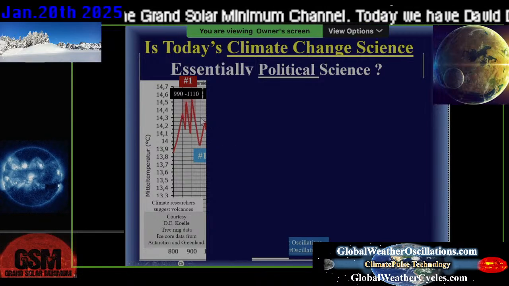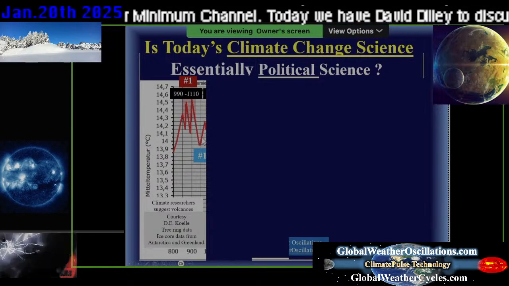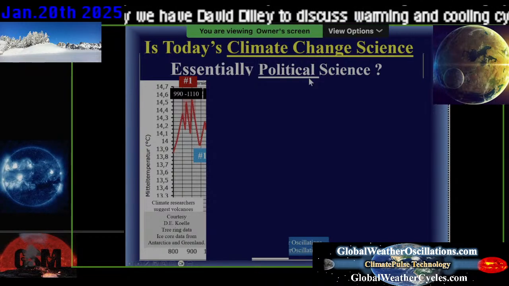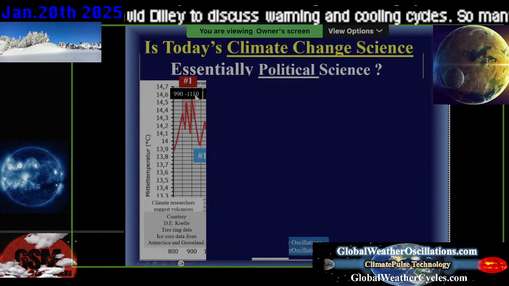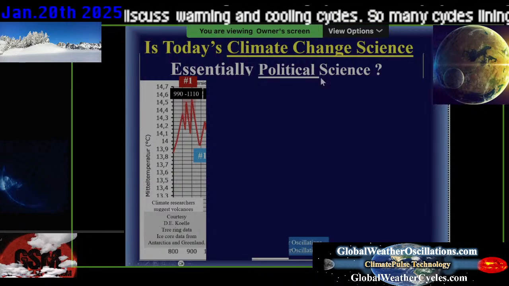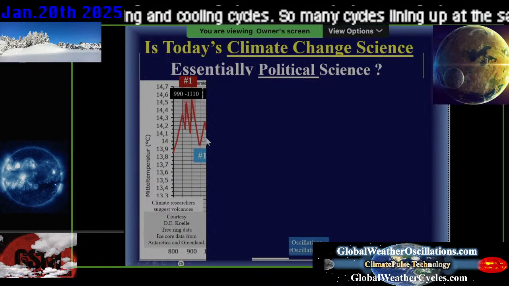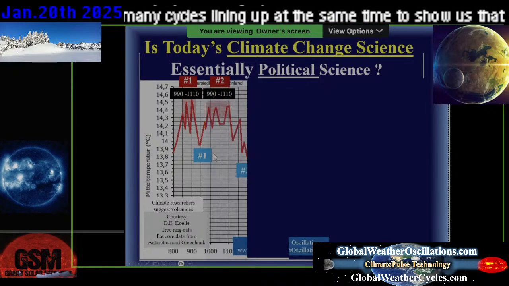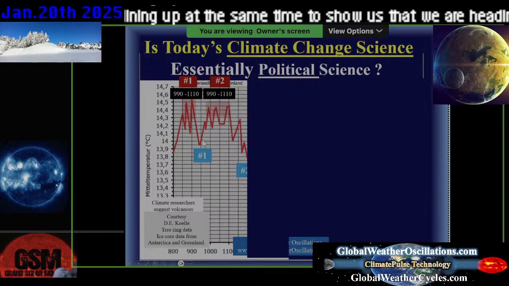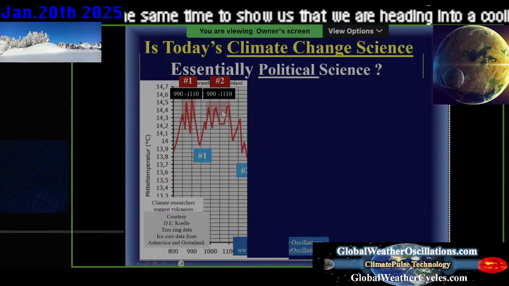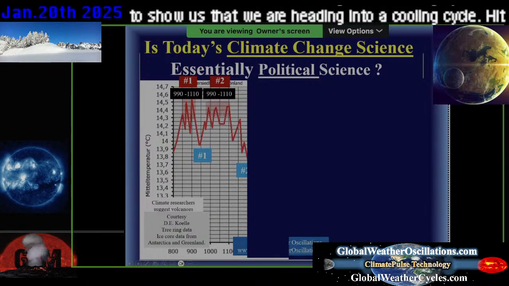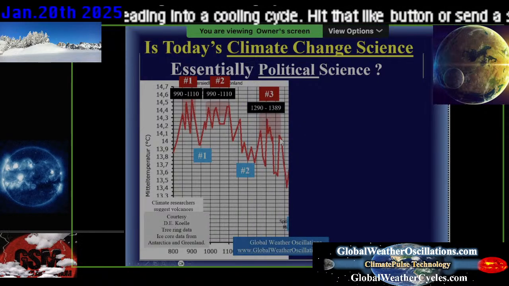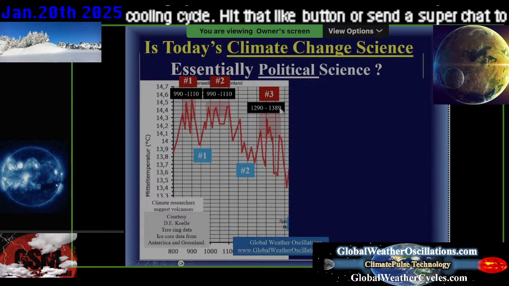And in the common sense, one question to ask is, is today's climate change science essentially political science to achieve agendas? This is one reason they don't want you to know that we've had prior global warming cycles. Well, lo and behold, look at this. Number one, back in 990 to about 1100 AD, global warming, number one during the past 1100 years. Global warming cycle number one. And there's a global cooling cycle. There's global warming cycle number two. Wow, we've had two of them. There's number three, back around 1300 AD.